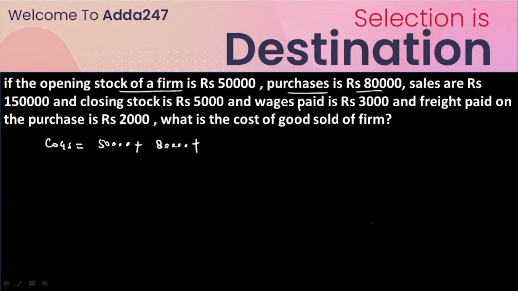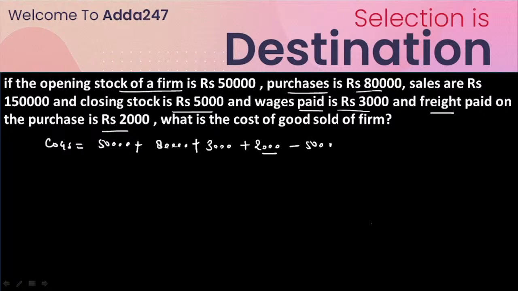Wages paid is given here, that is 3,000, so we add 3,000. After that, freight paid on the purchase is also given as 2,000 rupees, and that is also a direct expense for producing the goods. After that, we subtract the closing stock, which is given here as 5,000.